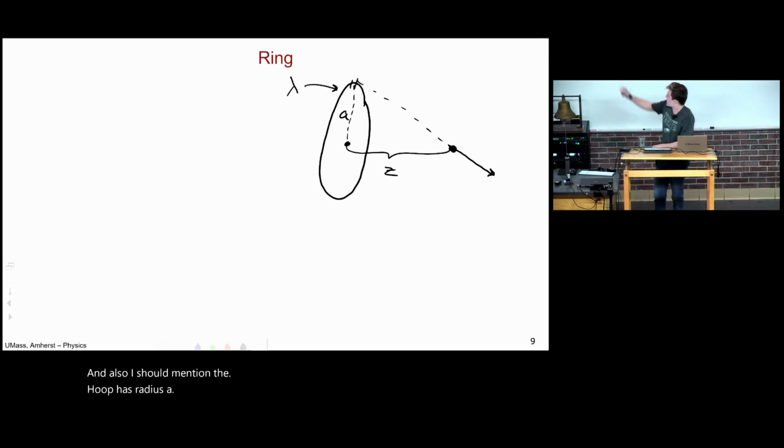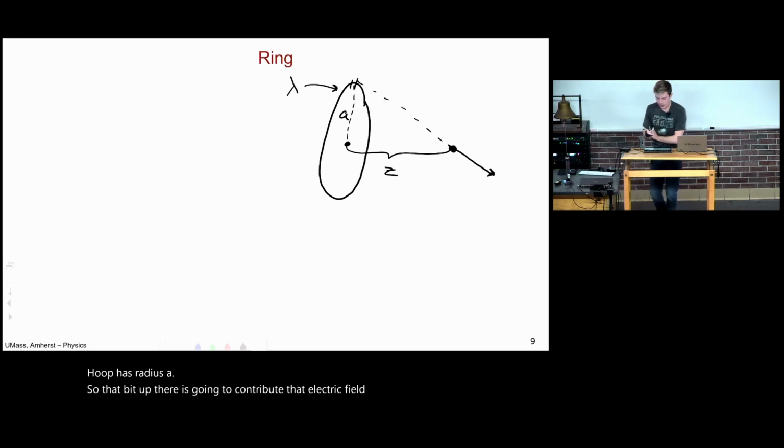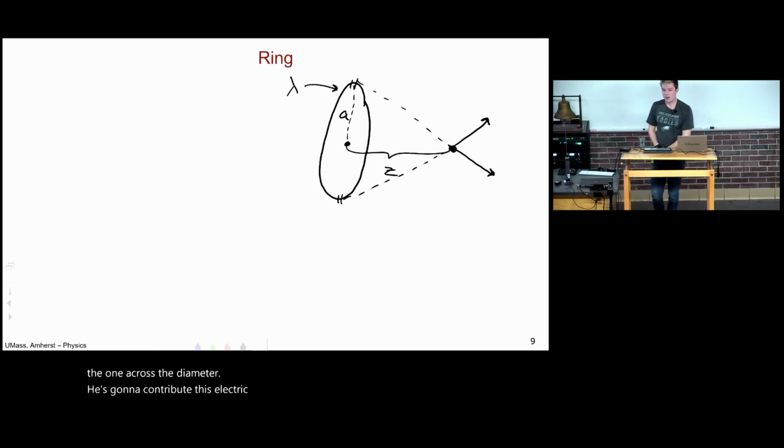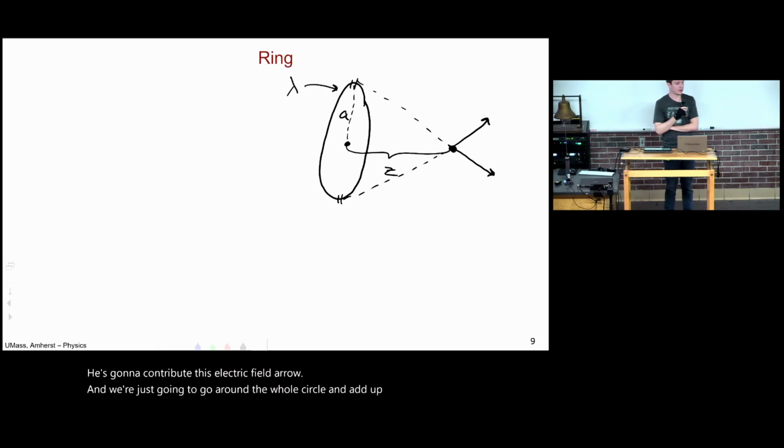That bit up there is going to contribute that electric field arrow. And this bit at the bottom, in some sense, is the partner of the one up top, the one across the diameter. It's going to contribute this electric field arrow. And we're just going to go around the whole circle and add up all the arrows that are generated.